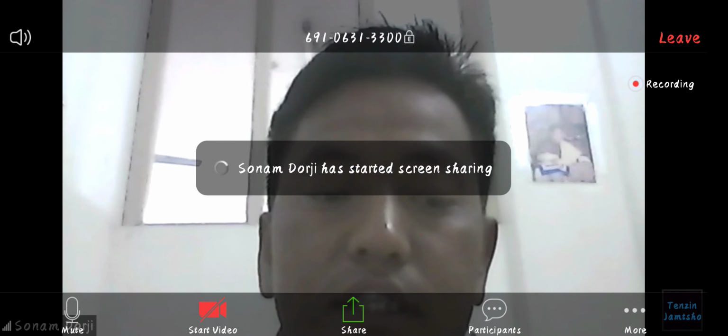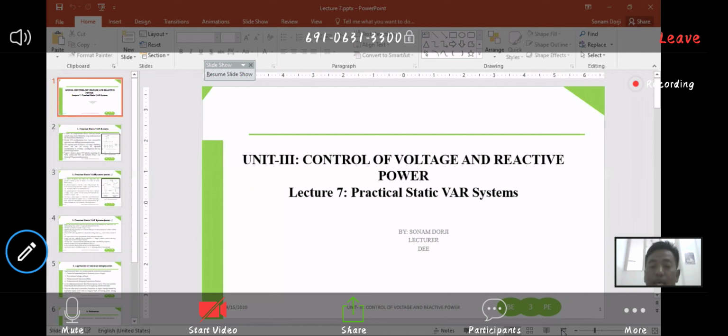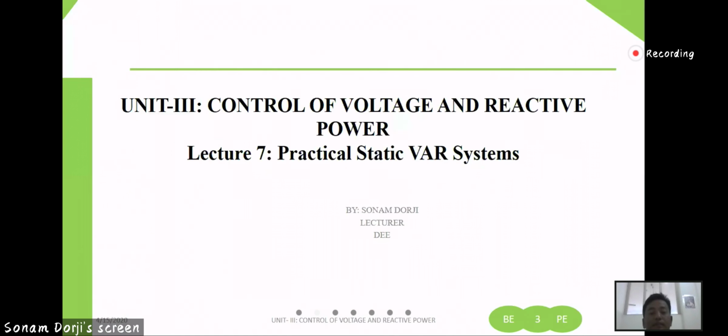Now what we have to do is see the practical static VAR system, which means the two have to be combined. We never know where you have to install the TSC and then the TCR. If you combine these two and install them in one location, it will be more convenient.